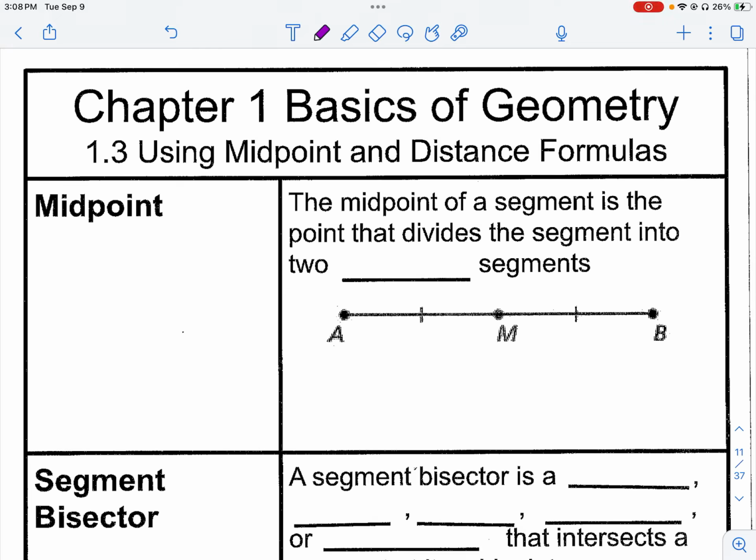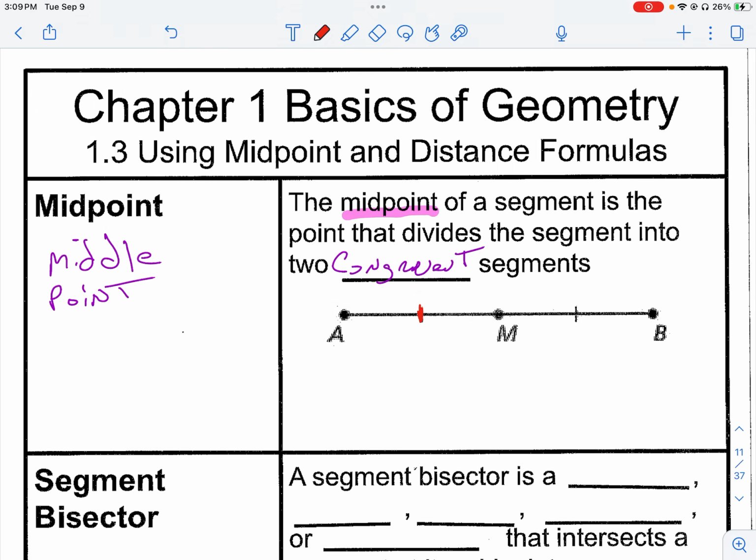So in this lesson, we're going to use the midpoint and the distance formulas. A midpoint of a segment is the point that divides the segment into two congruent segments. Literally, it's the middle point.